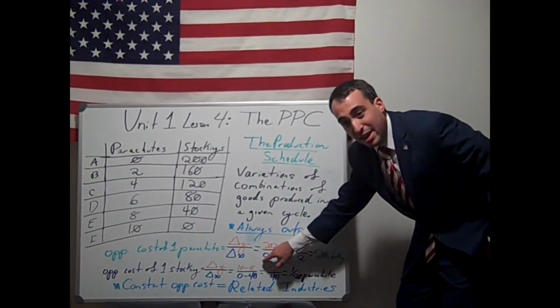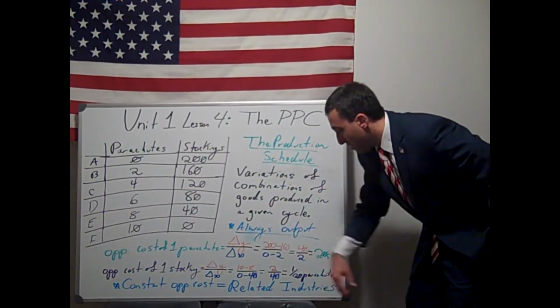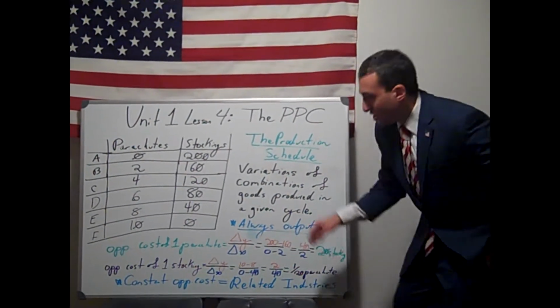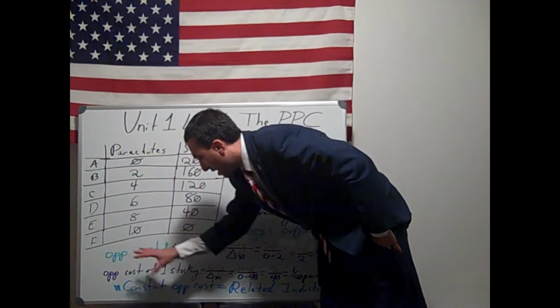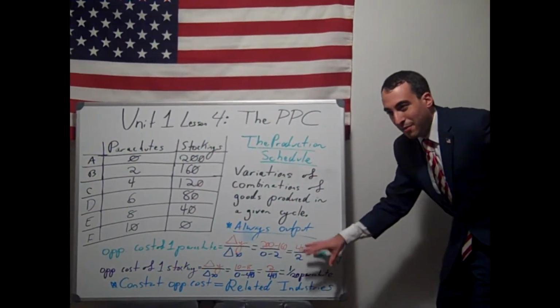So we have 10 minus 8 over 0 minus 40, or 0 to 40 rather, the difference between them, and 2 over 40. So we would say that the opportunity cost of one stocking is 1/20th of a parachute.